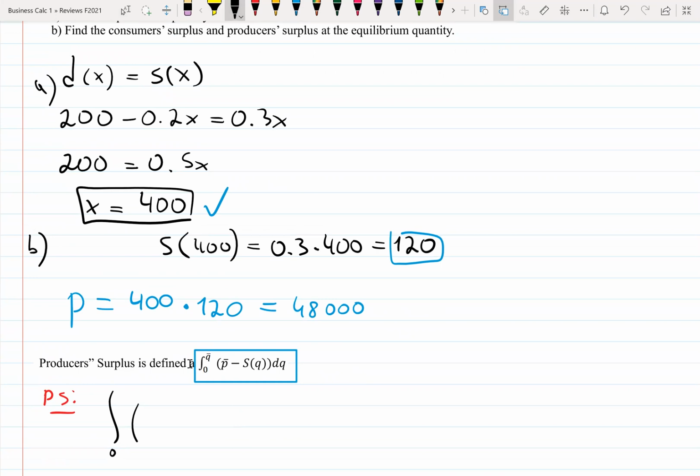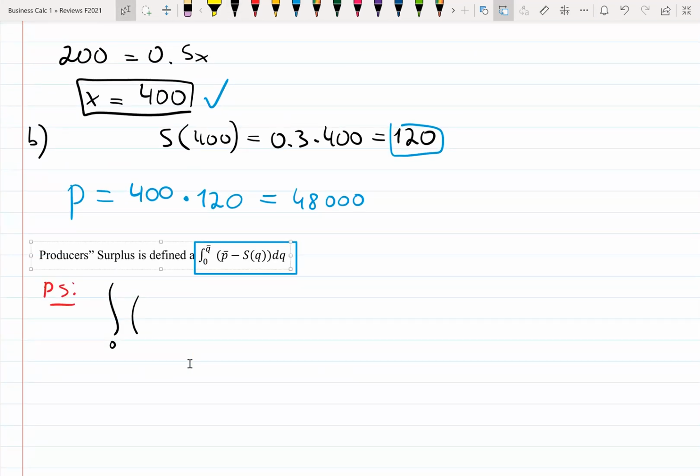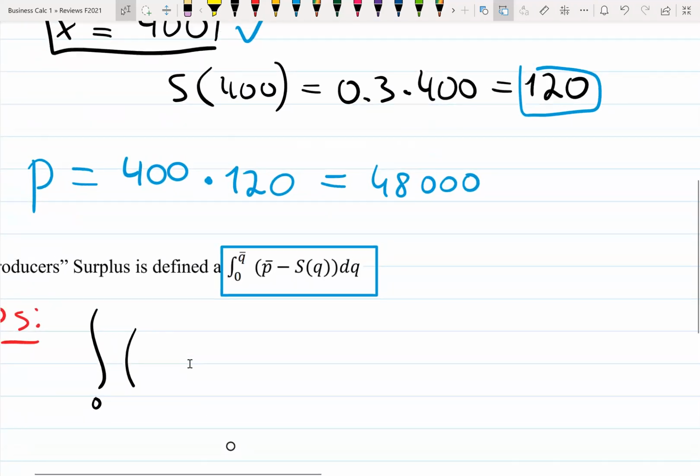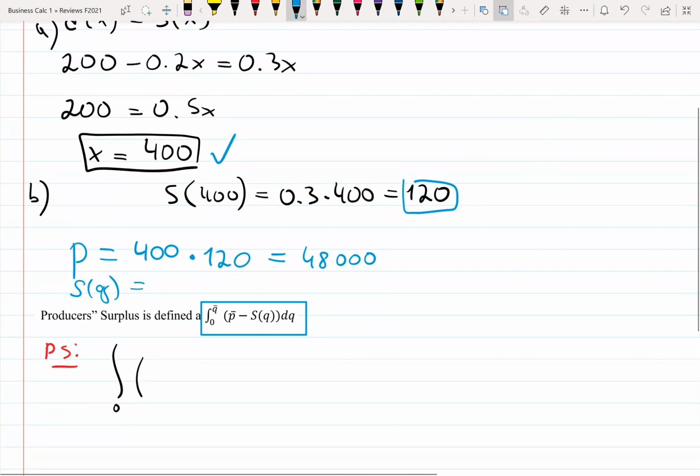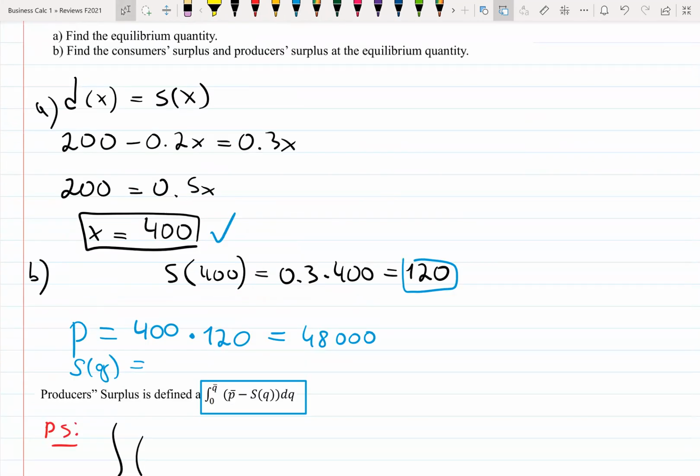And then what is our S of Q? So let's keep going with the integral. S of Q is inside over here in the integral. S of Q, what is that? What is our Q? Let's do that. What is our Q?